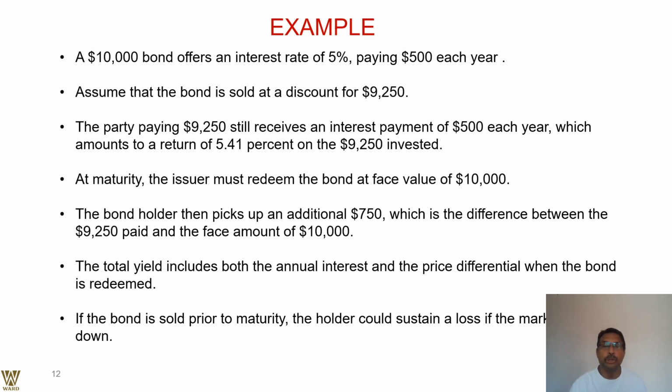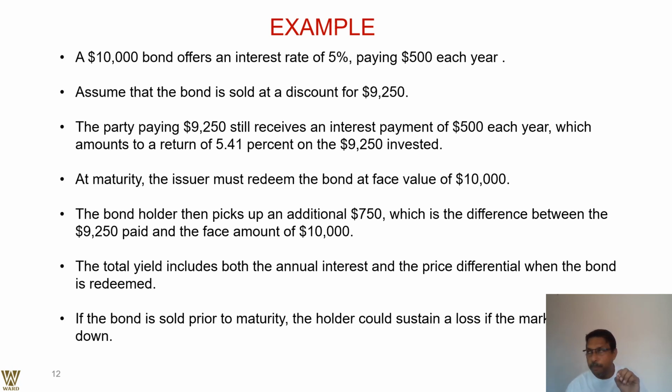At maturity, the issuer must redeem the bond at the face value of $10,000. The bondholder then picks up the additional $750, which is the difference between the $9,250 paid and the face value of $10,000. The total yield is both the annual interest and the price differential when the bond is redeemed.